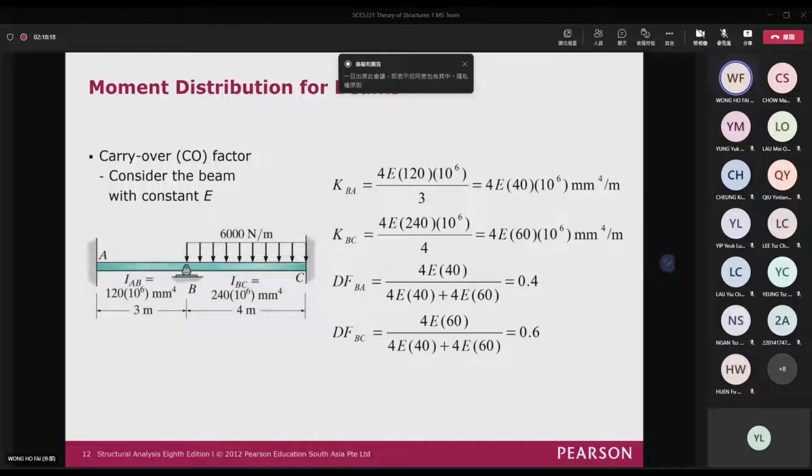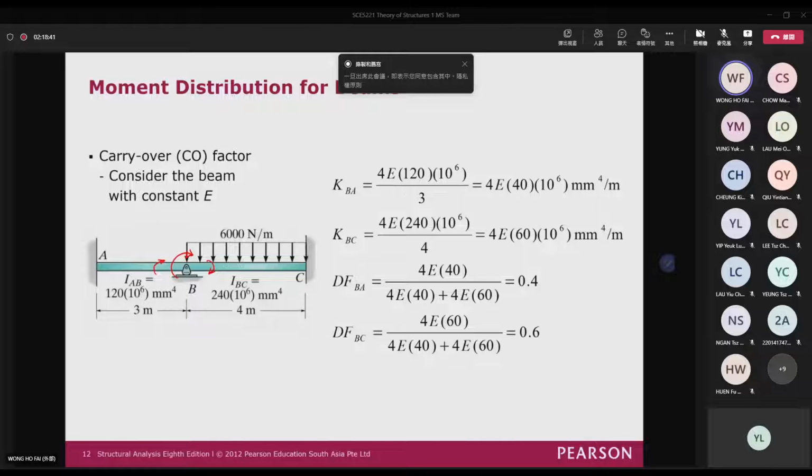First of all, I will try to calculate the distribution factor at joint B. Saying that if I have a moment applied at joint B, then how much will go to the MBA side, and how much will go to the MBC side.